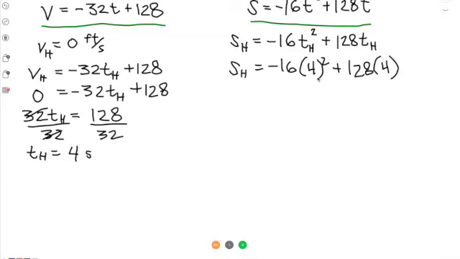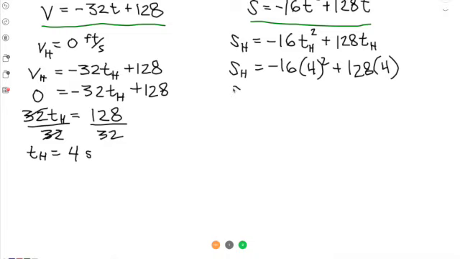If you plug that in your calculators, this would be negative 16 times 16. Remember, that is a negative value. 128 times 4 is 512.